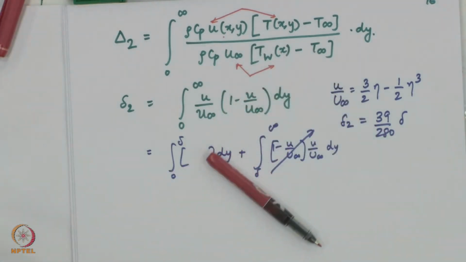Now, if both the hydrodynamic and the thermal boundary layer are of similar thickness, same order, delta is of the order of delta T similar, then I don't have a problem at hand. Otherwise, I have a big problem. Let us see what kind of a problem this is going to be. Of course, no problem is insurmountable, so we are going to see this.